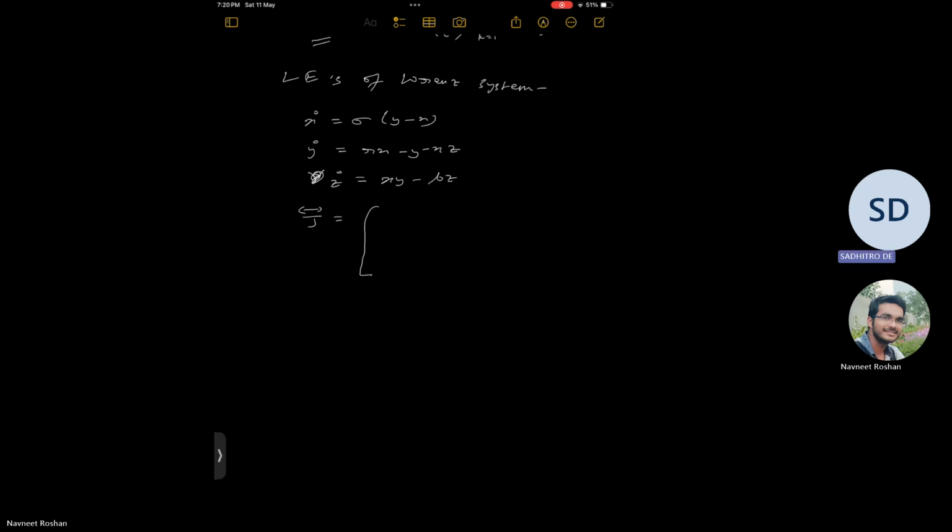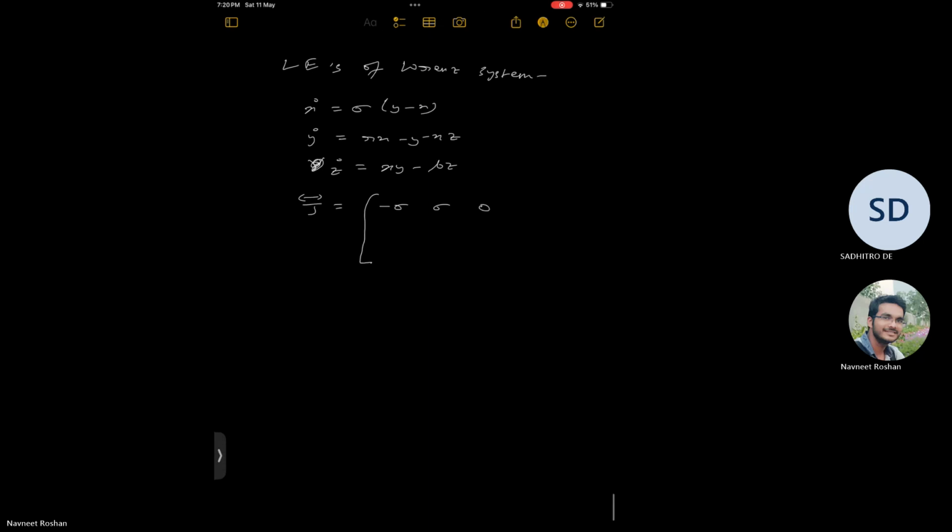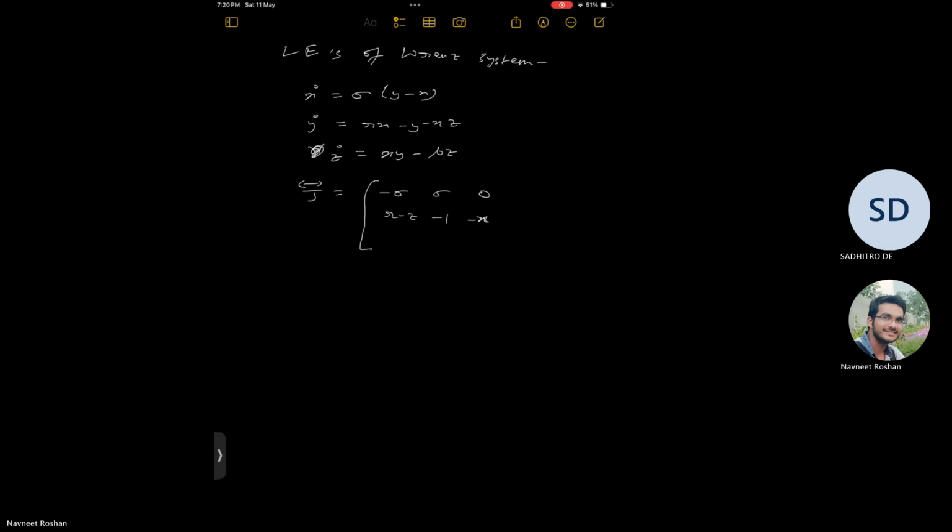So Jacobian is given by, so this is the Jacobian matrix.